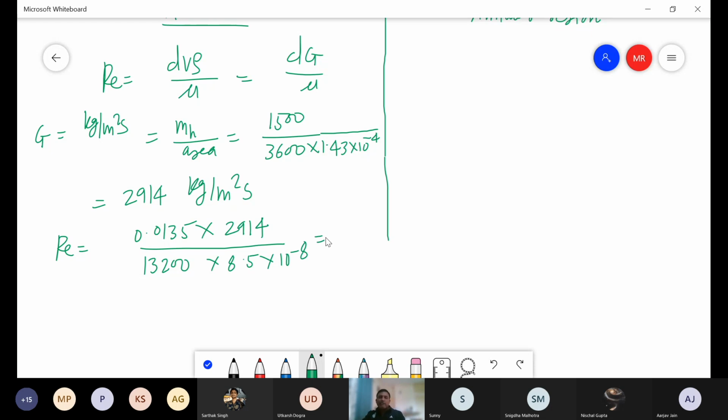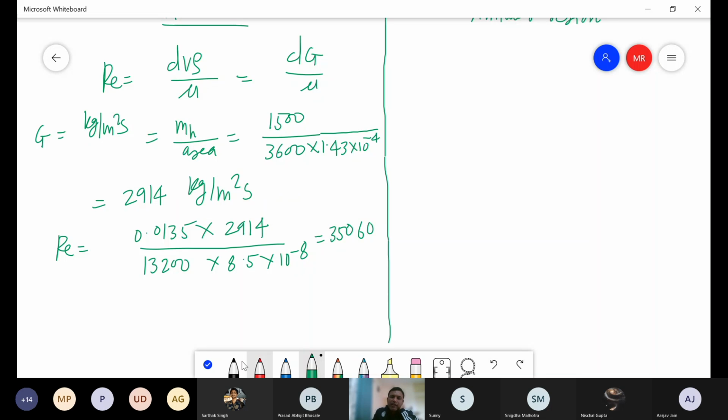Do you all agree with me? So what is the value of Reynolds number? This is what is expected, 3.5 into 10 power 4, 35060. Is it correct, this value? Yes, sir.